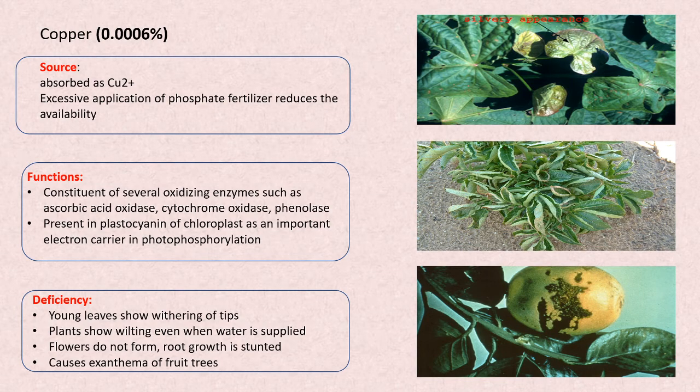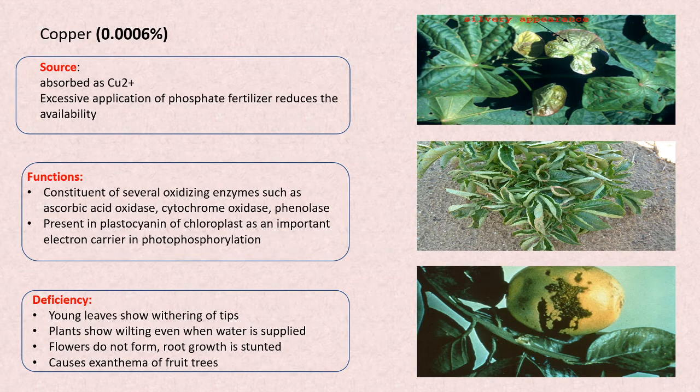It is a constituent of several oxidizing enzymes such as ascorbic acid oxidase, cytochrome oxidase, tyrosinase, phenolase, etc. It is present in chloroplast, that is in plastocyanin, which is an electron carrier that plays an important role in both the cyclic and non-cyclic phosphorylation or electron transport systems. So it is a constituent of plastocyanin present in chloroplast.